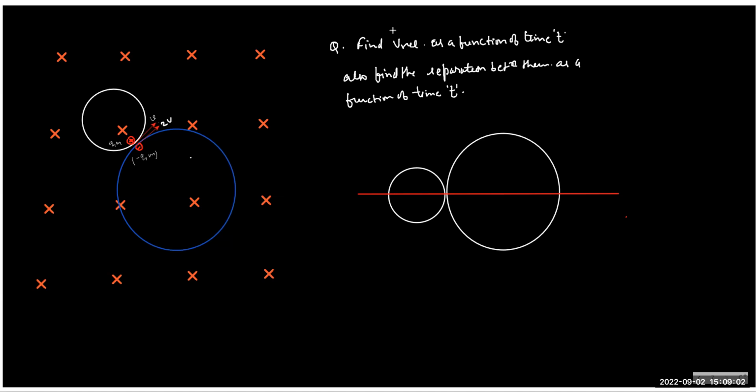So after time t, it is here, and it is here, because they will turn by the same angle, right? The angle remains the same. Yes, sir. So if this is theta, this is also theta, which we can substitute eventually as omega t. But if this radius is r, this will be 2r, right? Because the velocity is twice.